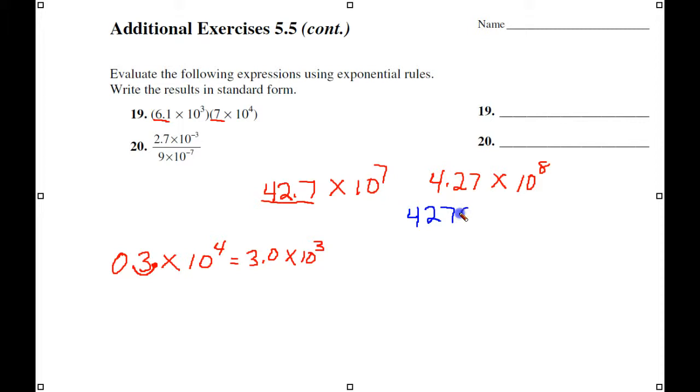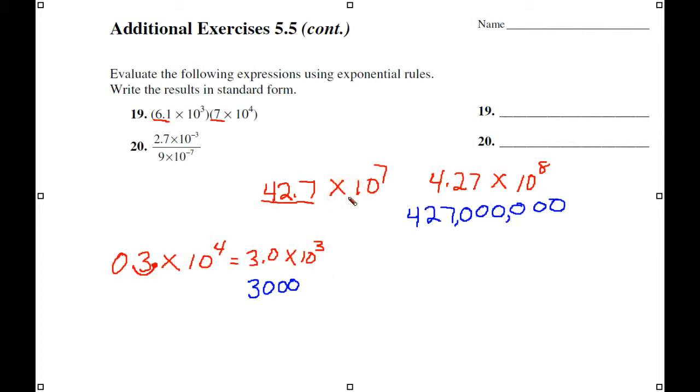So now I have to add 6 zeros. 1, 2, 3, 4, 5, 6. And you can use commas if it helps you. And then from either one, here I'm going to add 3 zeros, or 3 places. There's 1. So I have to add 2 more. So the answers come out the same.